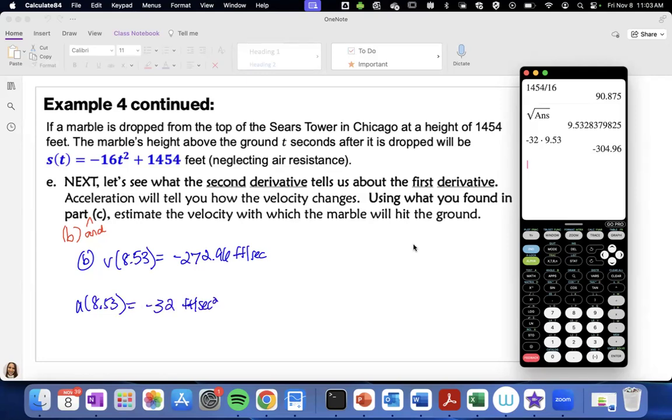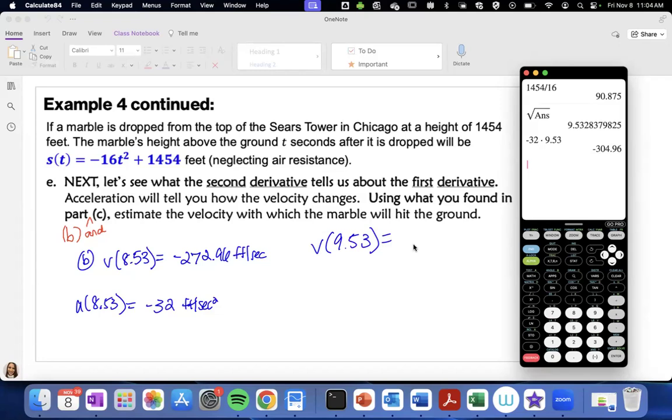What does that tell me about the velocity? The velocity is speeding up at a rate of 32 feet per second. So how do you think I get the next value at 9.53 seconds using the acceleration? What do you have to do with these numbers?